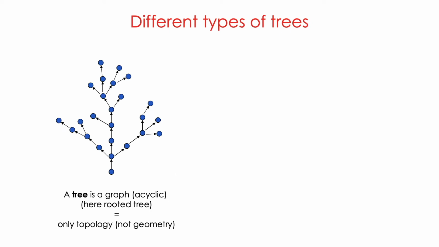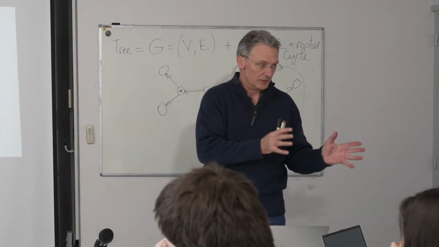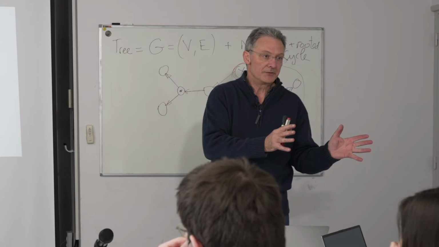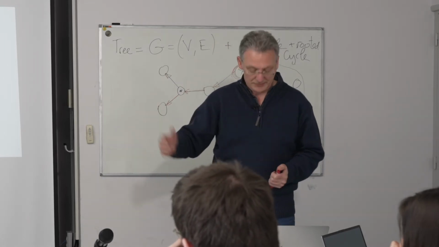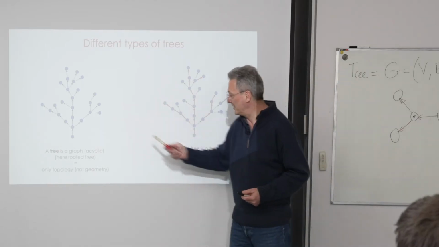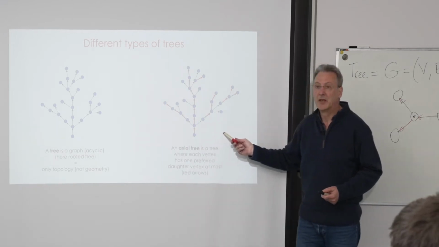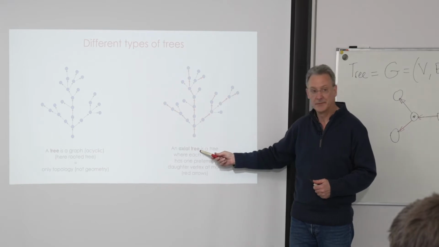And we can also distinguish a number of types of trees. So we said that there are rooted trees or directed trees, non-rooted trees, but there are also other types. Two important types: here is the rooted tree, and here is a subcategory of rooted trees, which is called axial tree.